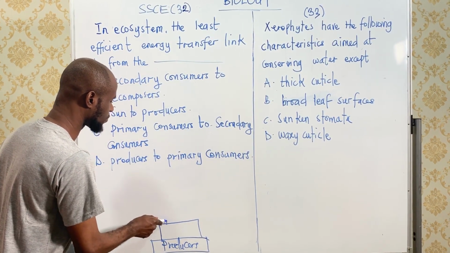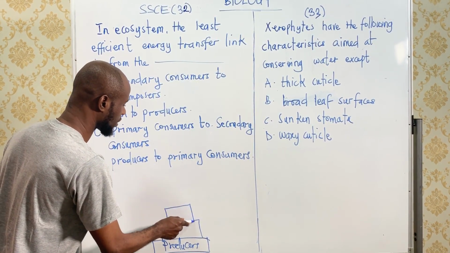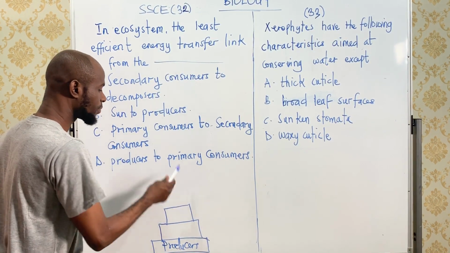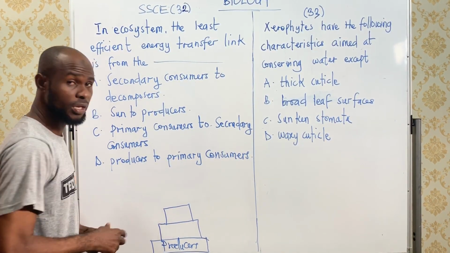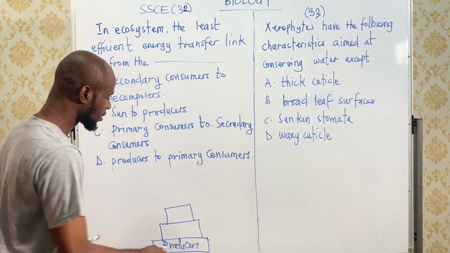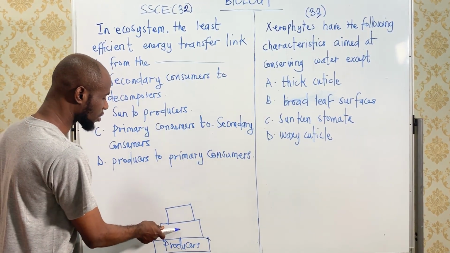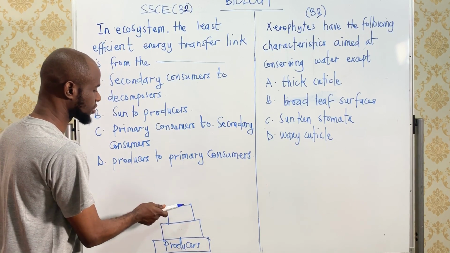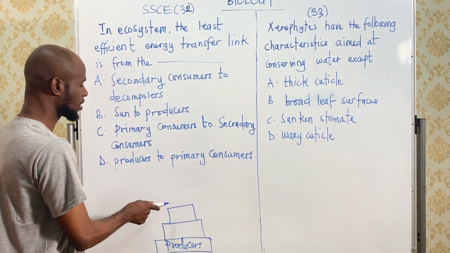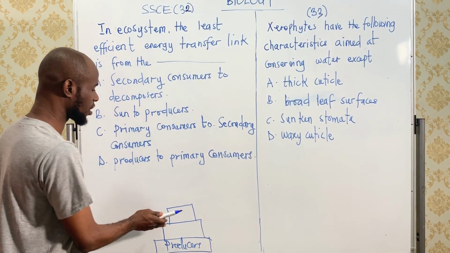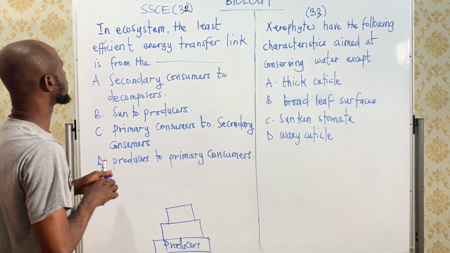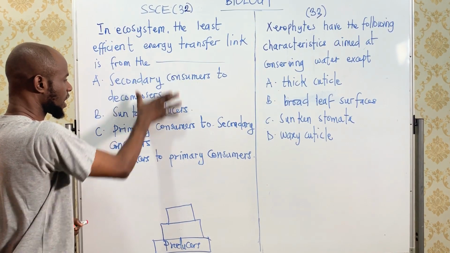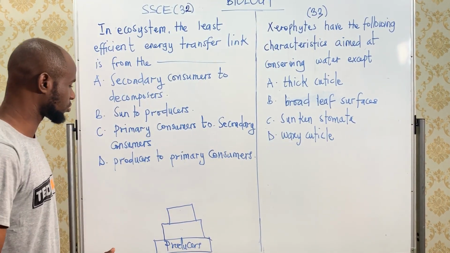Then after the primary consumer, we have the secondary consumer, and after the secondary consumer, we have the decomposers. We can also have the tertiary consumer. However, let's stay on the secondary consumer, because here in my options I have the secondary consumers.